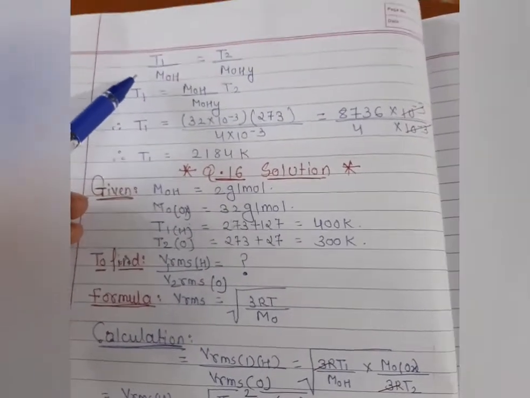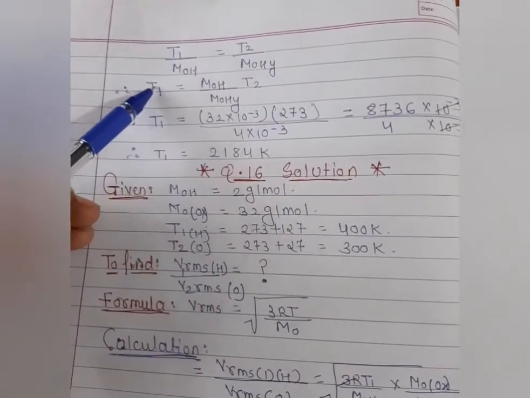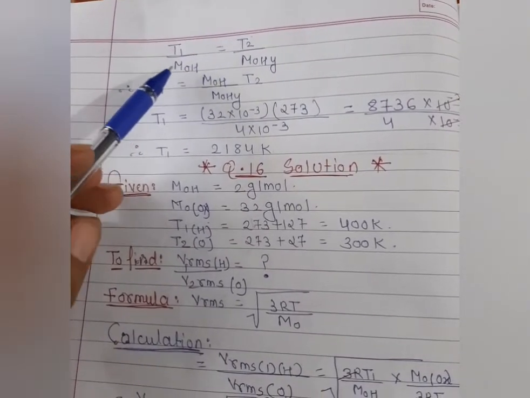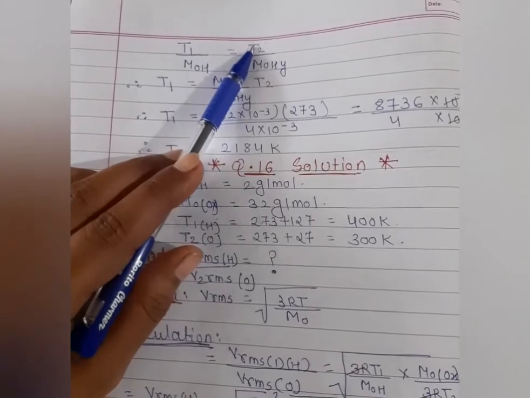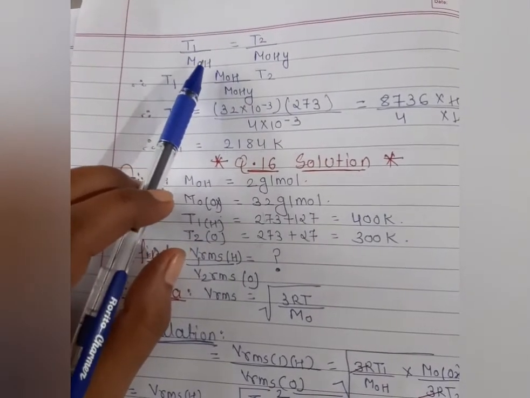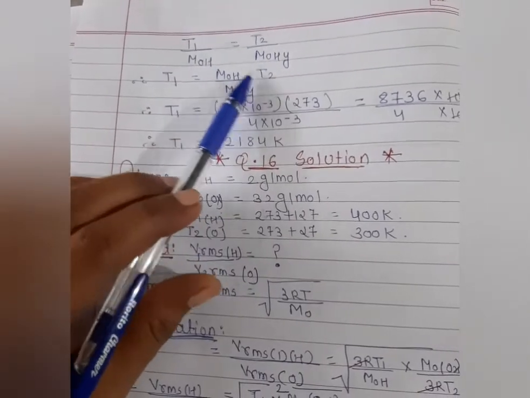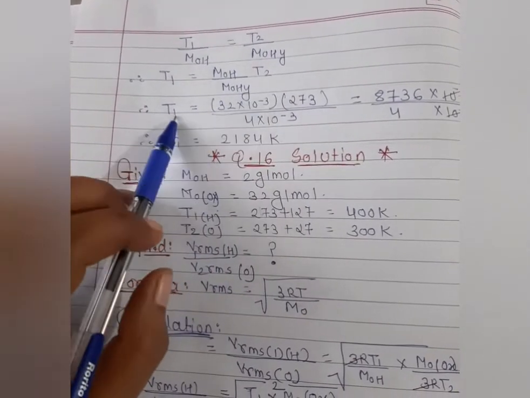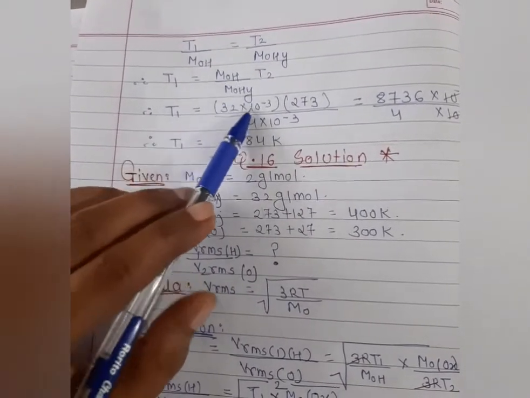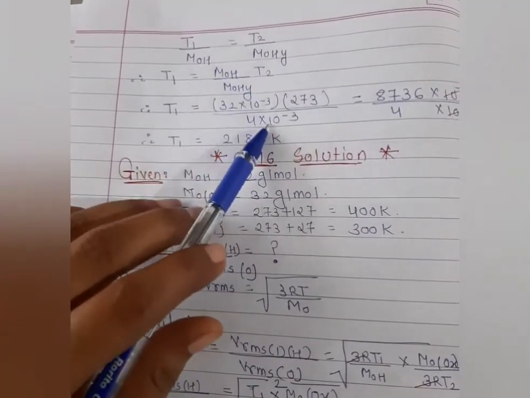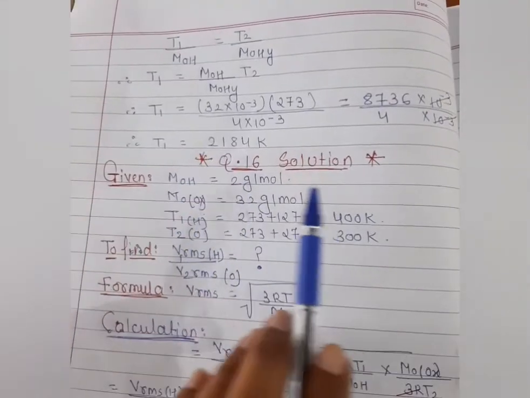So T1 is as it is, and the T2 is here, which is multiplied by M0 H, shifted to this side, and divided by M0 hydrogen. So T1 is equal to helium 32, temperature 273, hydrogen 4.